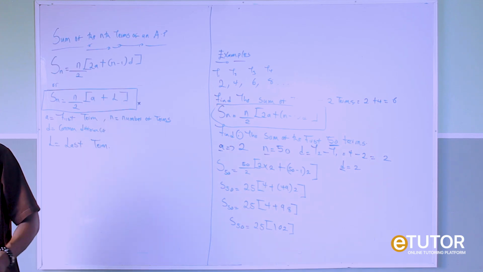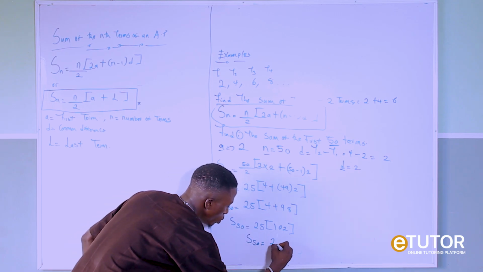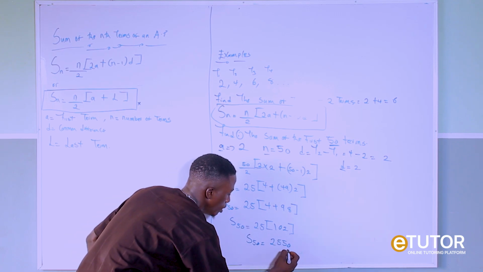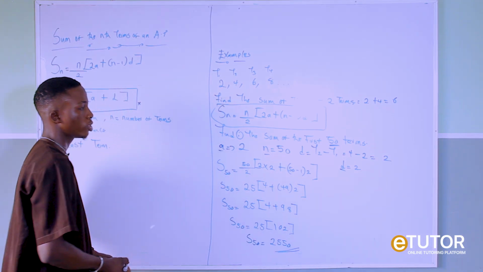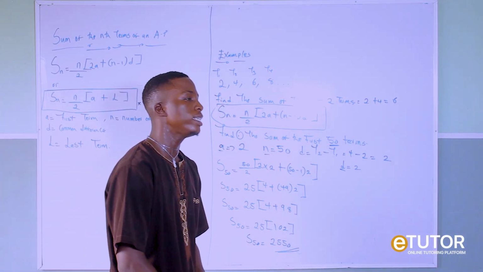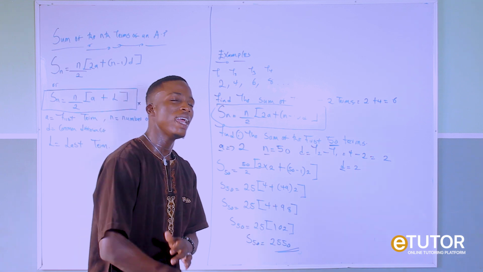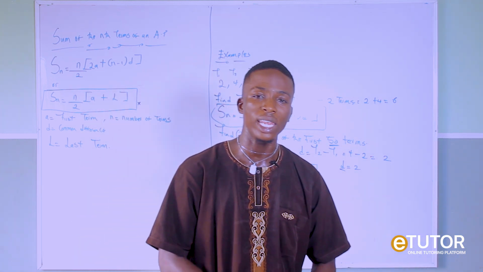So that gives us 2,550. This is the sum of the first 50 terms. So with this formula, you can find the sum of any given AP.